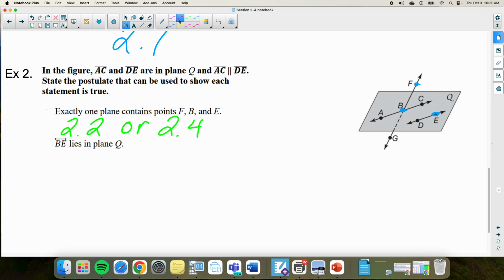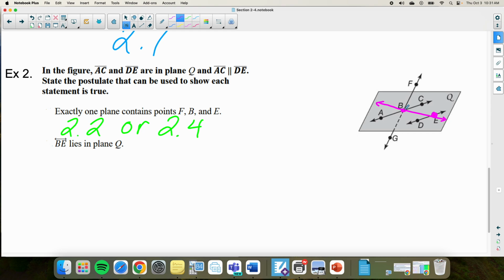Now, the next thing says line BE lies in plane Q. So BE is not drawn, but we could draw it. I'm just going to make that big so it looks like it goes through it. Line BE would lie in plane Q. Which one says that?